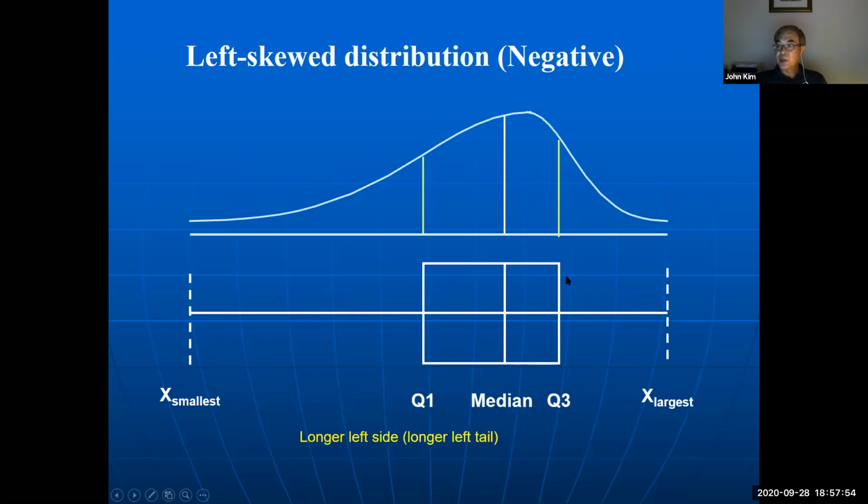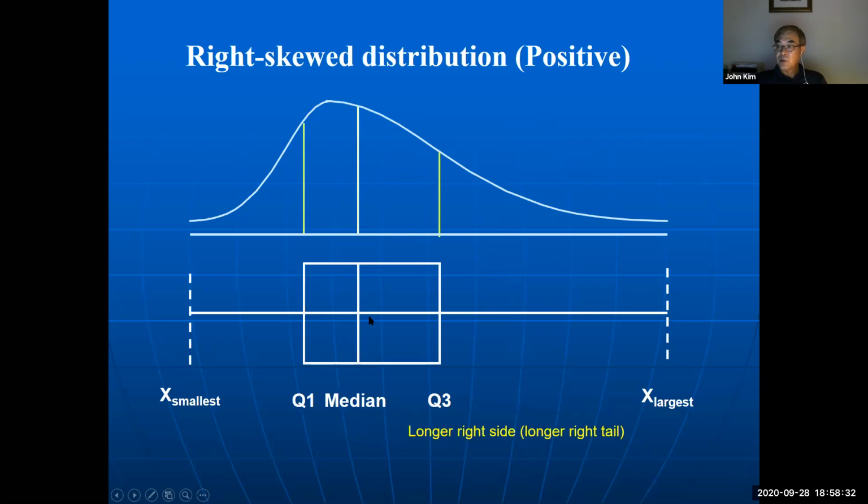If we draw a box plot and compare the median to the smallest with the median to the largest, or the median to Q1 with the median to Q3, and the left side is longer, then it is negatively skewed or left skewed.